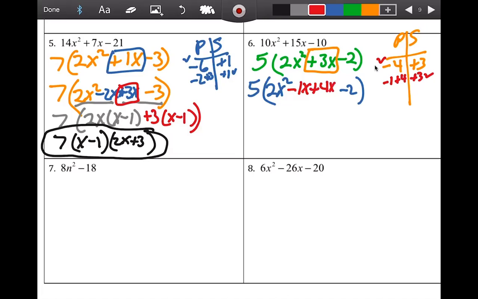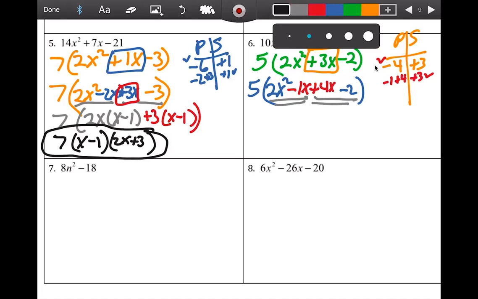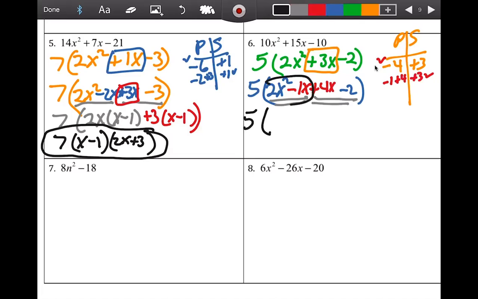Once I substitute that in for the plus 3x, now I've got 4 terms, and I'm going to make them into 2 groups. All right. So in group number 1, let's see.